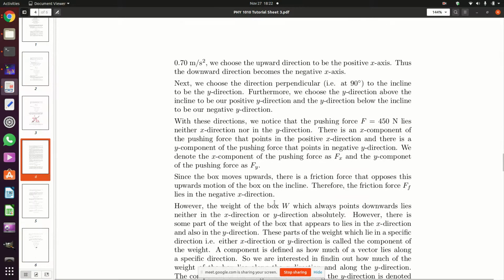So this is basically what you're saying: this pushing force, the 450 newtons force, does not completely point along the x direction or the y direction, but it has components which we're calling Fx, the x component of the force, and Fy, the y component of the force.